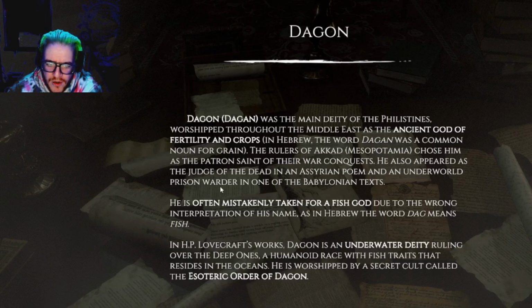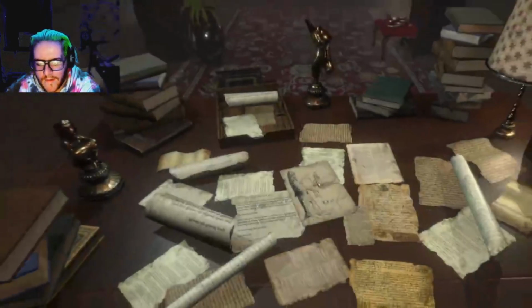Maybe that was supposed to say warden. I don't know what a prison warder is. In one of the Babylon texts, he is often mistakenly taken for a fish god due to the wrong interpretations of his name, as in Hebrew the word dag means fish. In H.P. Lovecraft's works, Dagon is an underwater deity ruling over the deep ones, a humanoid race with fish traits that reside in the oceans. He is worshipped by a secret cult called the Esoteric Order of Dagon.